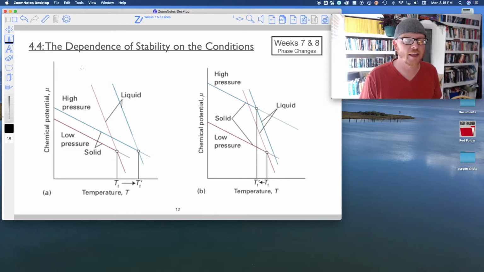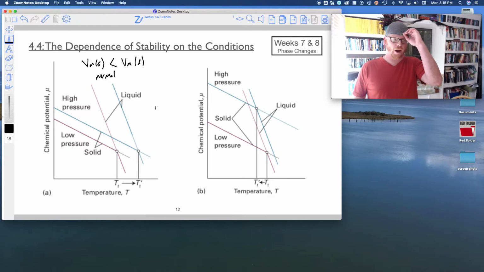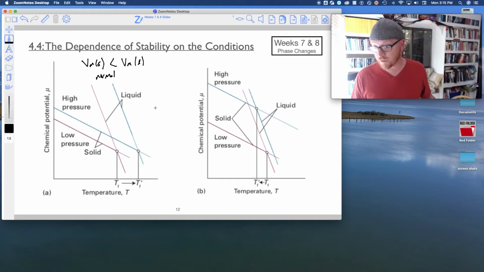So in this case on the left, this is a case where the molar volume of the solid is less than the molar volume of the liquid. So this is a normal condition, most things, where the solid is more dense than the liquid. Or in other words, the molar volume of the solid takes up less space, so for the same amount of material, that means it's more dense.